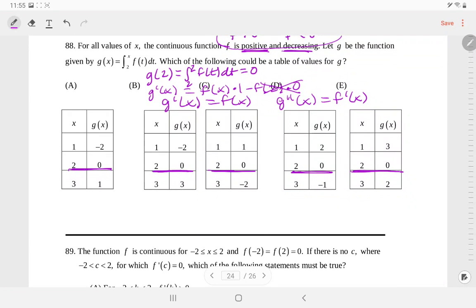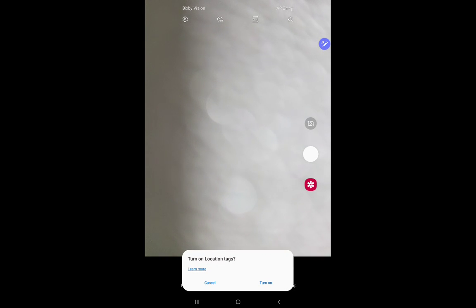I think I should graph them. Graph them: 1, 2, 3. So 1, negative 2, 2, 0, 3, 1. Is g prime greater than 0? Oh, locator tag.